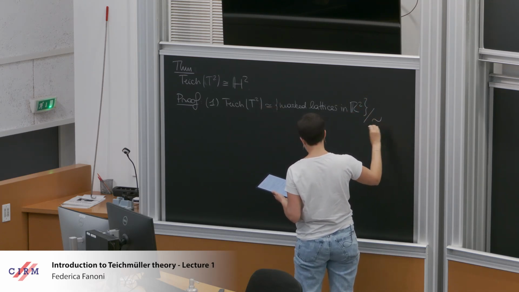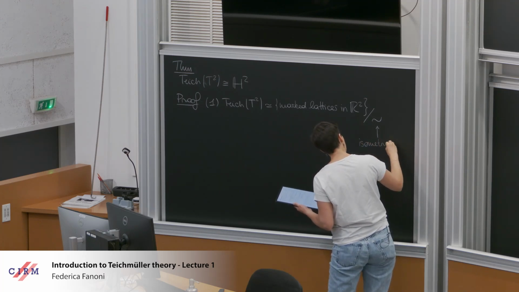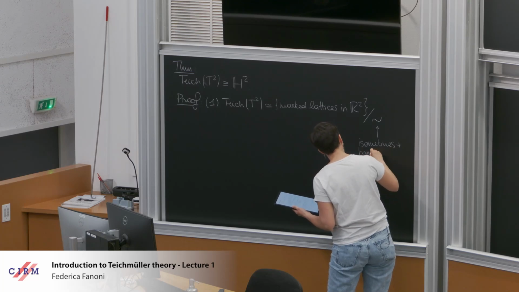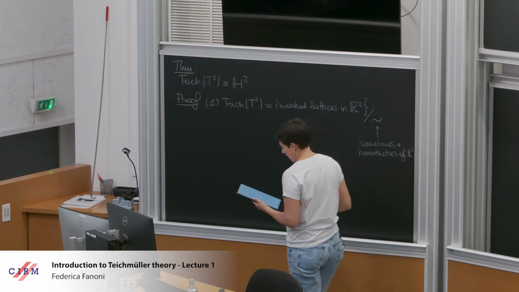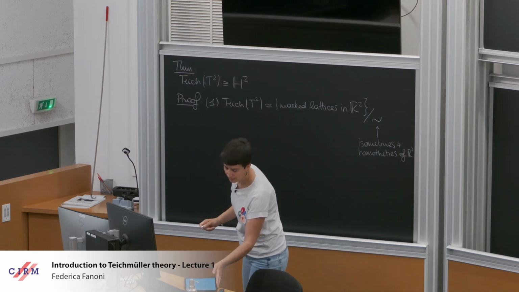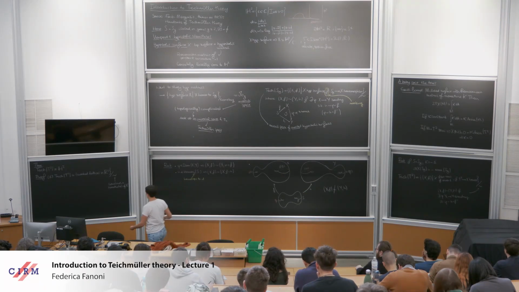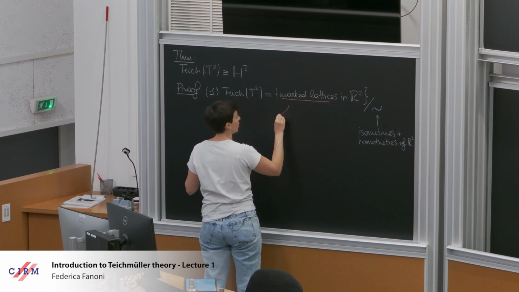Here the equivalence relation is going to be isometries and homotheties of R2. And here a marked lattice is a lattice with a fixed ordered set of generators.